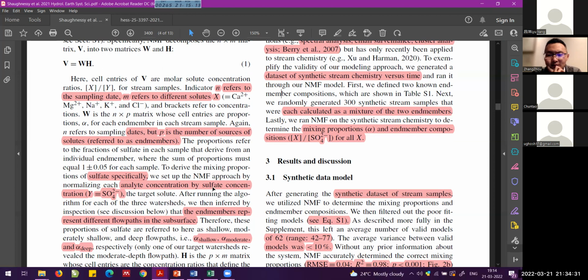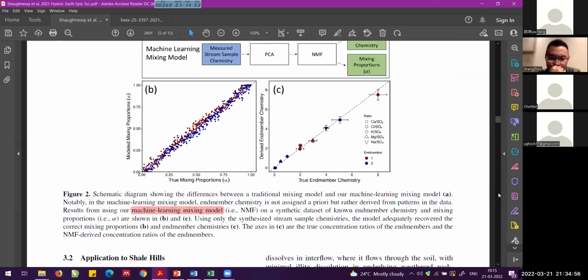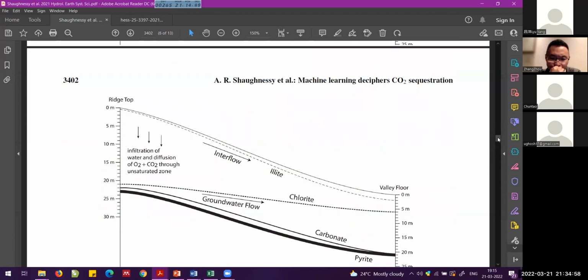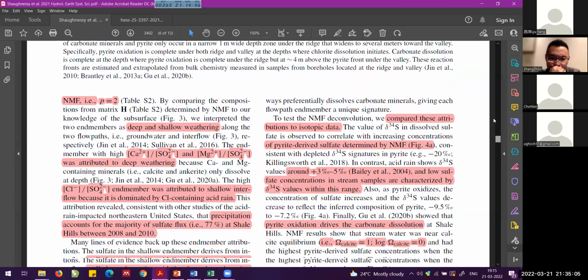For the source, yeah. So Wumi, do they have enough natural, direct observations in the field for the training? Because I think they just assumed the end members here. Actually, as it is mentioned, a large amount of work has already been done in this area, and they have a considerable amount of data regarding the chemistry. However, even if we have the chemistry, we do not know the exact end member composition.